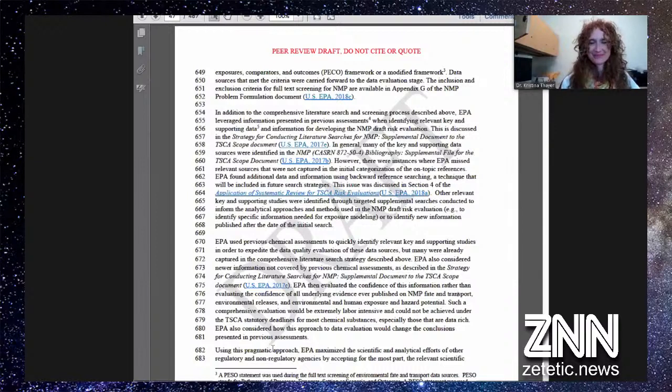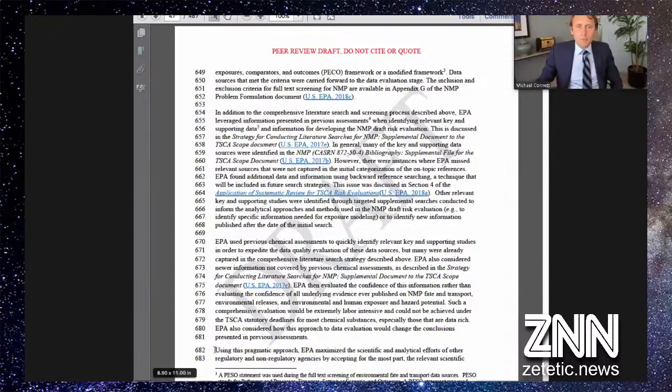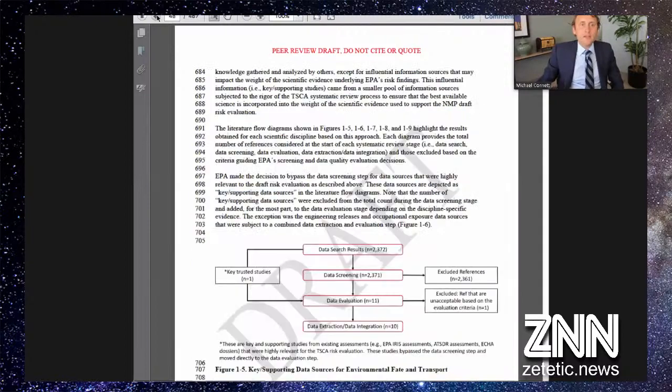Yes. So I'm going to start here at the bottom of page 47, and I'm going to move on to where it says here: using this pragmatic approach, maximize the scientific and analytical efforts of other regulatory and non-regulatory agencies by accepting, for the most part, the relevant scientific knowledge gathered and analyzed by others, except for influential information sources that may impact the weight of scientific evidence underlying EPA's risk findings.